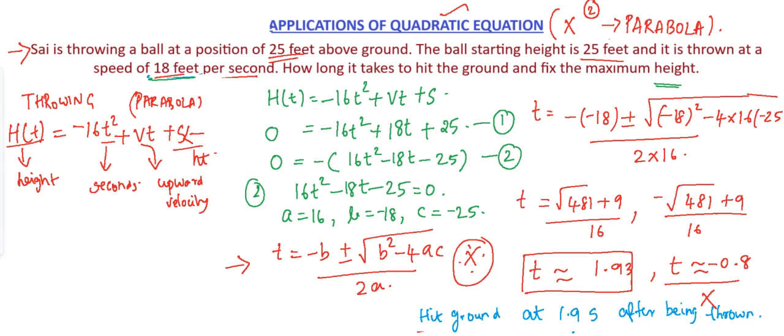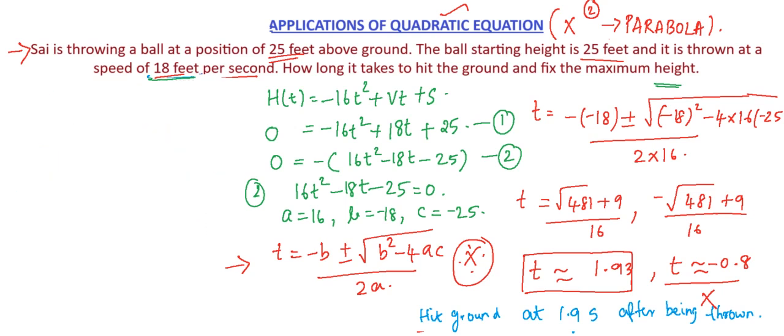Because whenever we try to solve a quadratic equation, we feel bored and we really don't know where it is being used in real time. So this is one of the beautiful places where you can see the parabola concept applied. So the ball hits the ground at 1.9 seconds after being thrown. This is the first solution we have achieved.